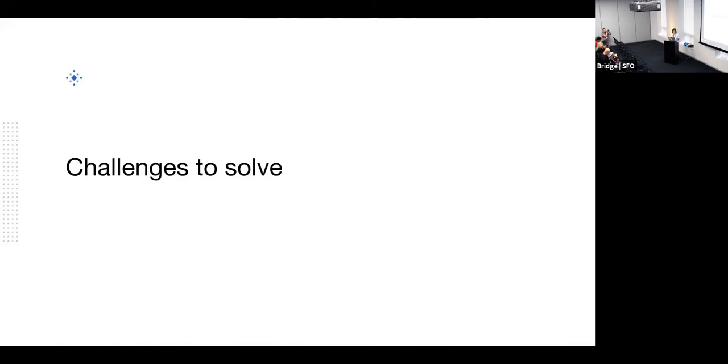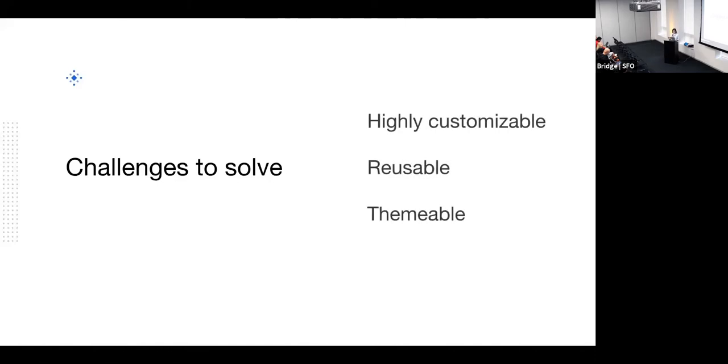In order to find out the biggest issue with our previous library, we set up focus group meetings to get feedback from engineers across our company about the main pain points. Across all the feedback, three main issues stood out. Those were customizability, reusability, and themeability.